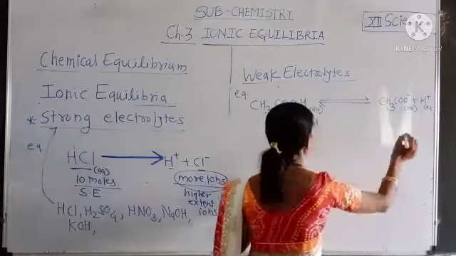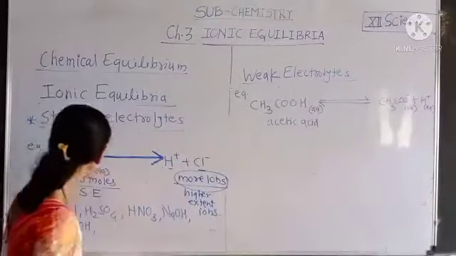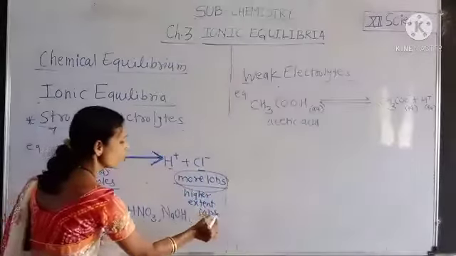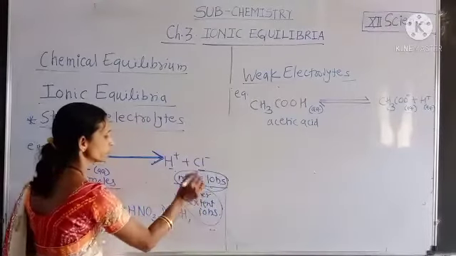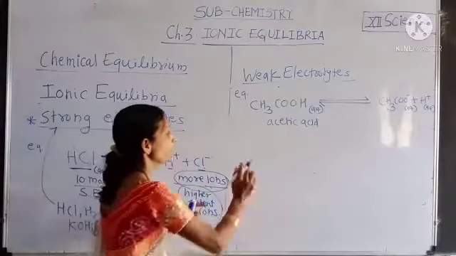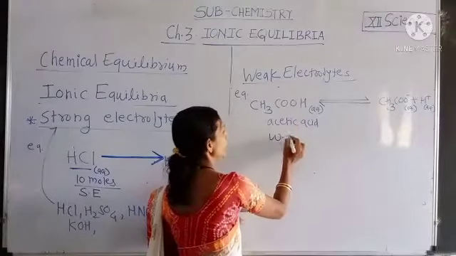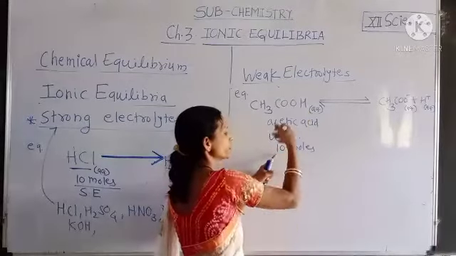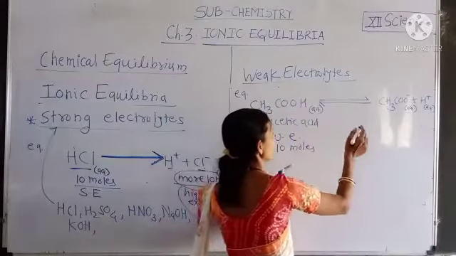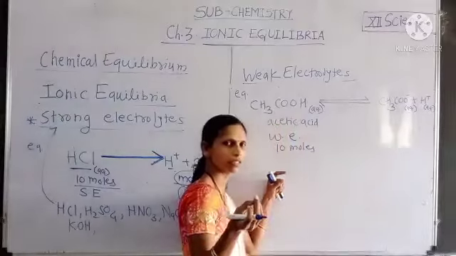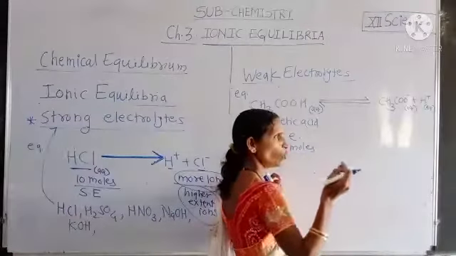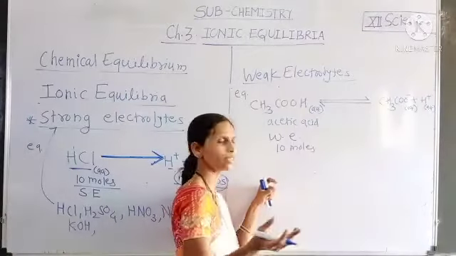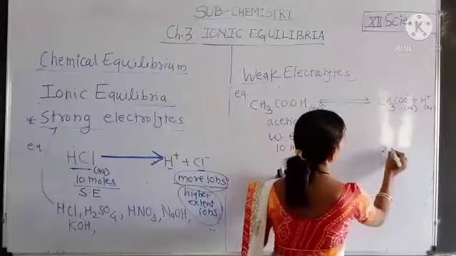Out of 10 moles, the maximum moles of HCl dissociated and gave a higher extent of H plus and Cl minus ions. But as this is a weak electrolyte, out of 10 moles dissolved in aqueous medium, only a few moles, 2 moles, 0.5 moles, 0.3 moles, 2.5 moles or 3 moles, get dissociated.